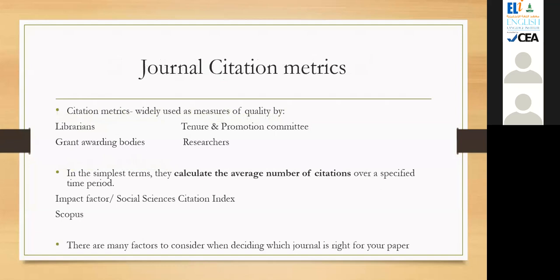So, journals do have citation metrics. What do I mean by citation metrics? It's widely used as a measure of quality. So who is interested in these measures of quality?